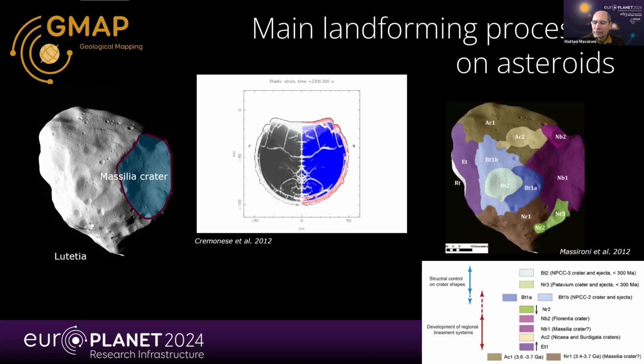So, for example, to the right here, you can see this asteroid with Massilia crater that is superimposed by other craters, this one, for example, or the North Polar crater cluster here, that is superimposing this one. So it is possible, even on asteroids, to have an evolutionary history, which is an evolution of the impacts and the ejecta related to those impacts.